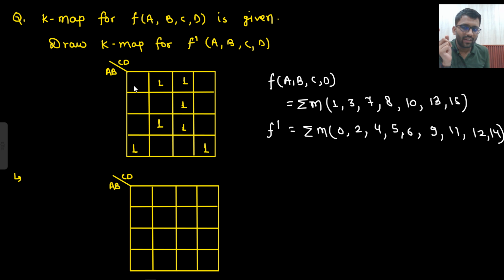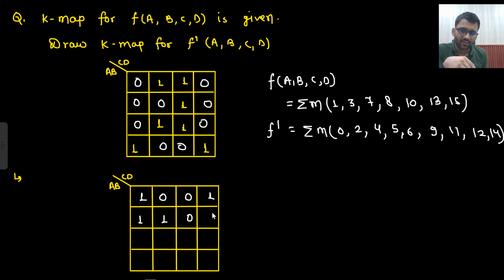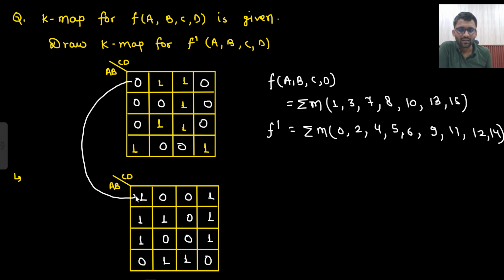Similarly, wherever I am not marking anything, that means there is 0, right? So wherever there were 0, there would be 1, and wherever there were 1, there would be 0. So you don't need to do this whole thing, just take the inverse of each individual cell.